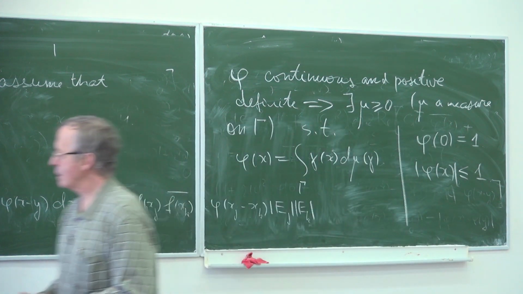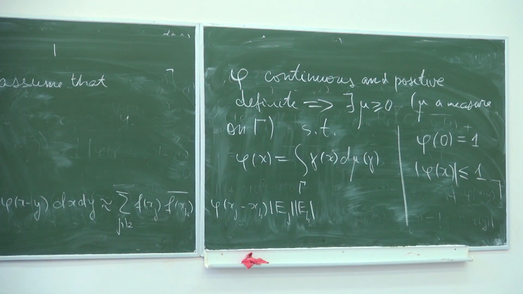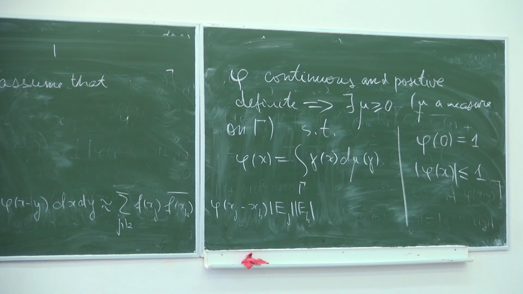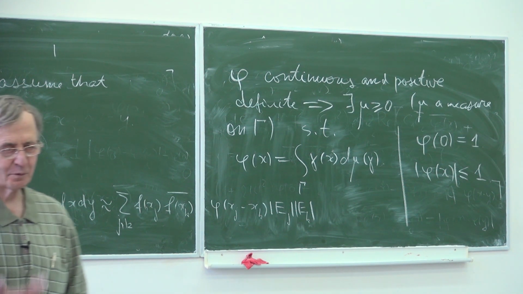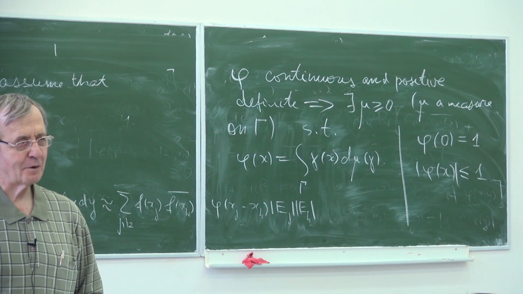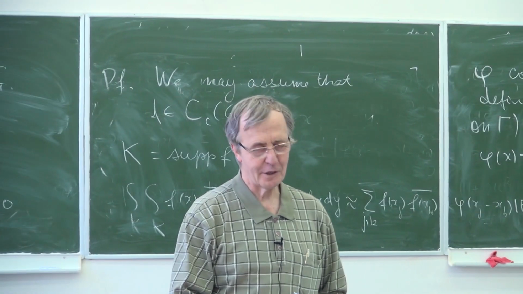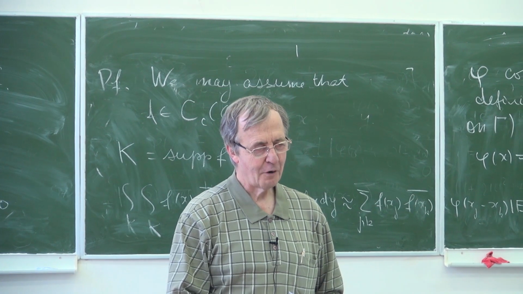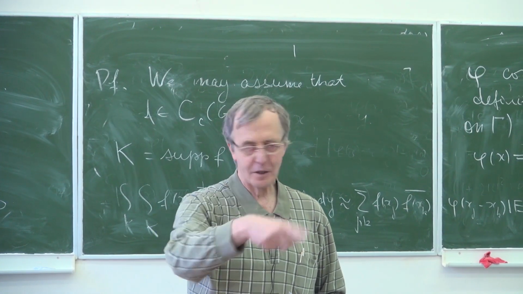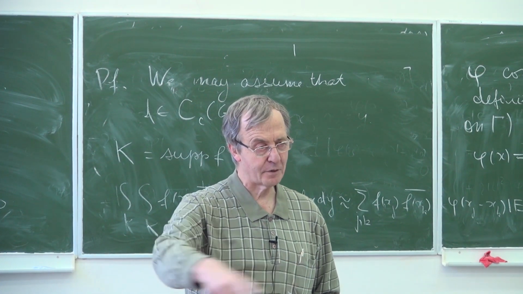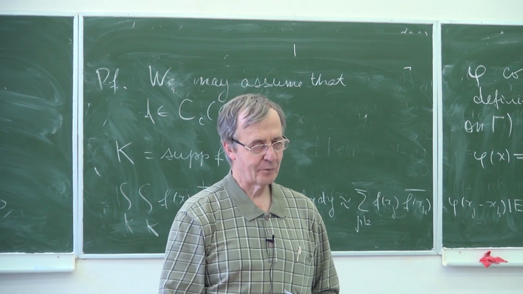Now we need a measure on the group gamma, and how do we obtain a measure in general? We use the Riesz representation theorem. So we need to produce some functional on the space of continuous functions on gamma that tend to 0 at infinity.